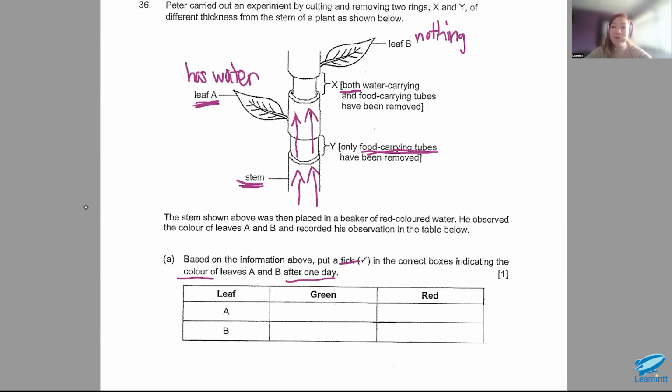Because it still has water carrying tubes. So it will reach leaf A. So leaf A will turn red. How about leaf B? It has nothing, remember? Everything is removed. So green. There's no water for it. Sad guy. Anyway, half mark over here, the other half mark over here.